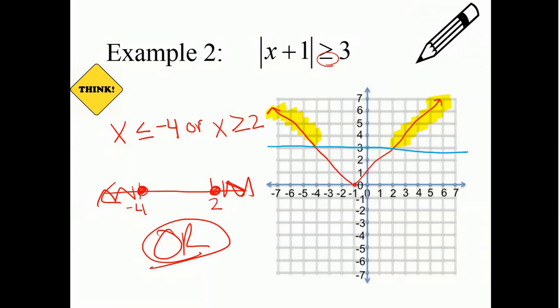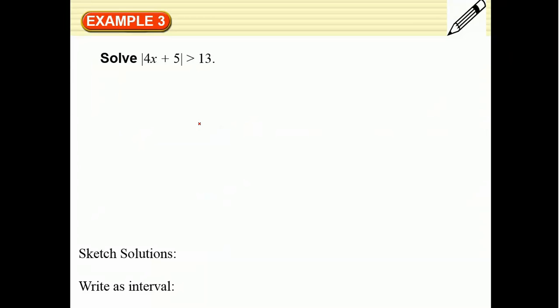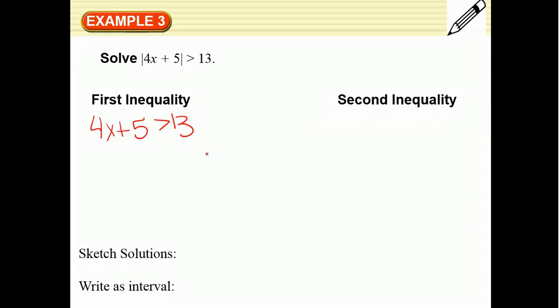Let's try an actual problem like this. So I have 4x plus 5 is greater than 13. Let's solve this problem. So I have my two inequalities. I have the inequality 4x plus 5 is greater than 13.